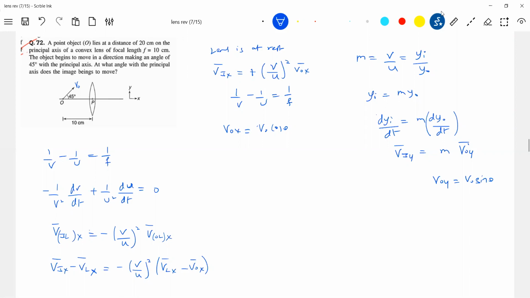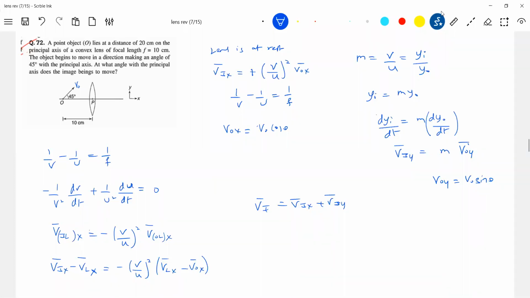The question is asking at what angle with the principal axis the image begins to move. I think it is asking VIx and VIy. Then what is VI bar? Then you calculate the angle made by the velocity vector with the principal axis here. Can you work this out?